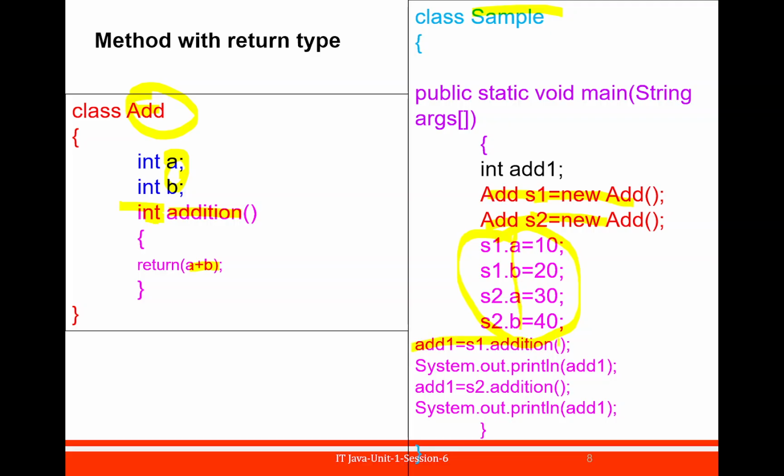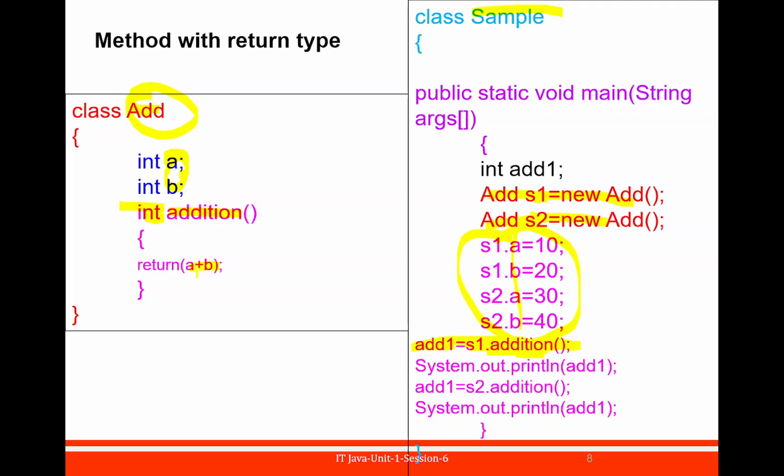And in this line, we call the addition method, and the return value is stored in the add1 variable. So this line performs the method call S1 dot addition. The control will go over here, and we have a and b values as 10 and 20.